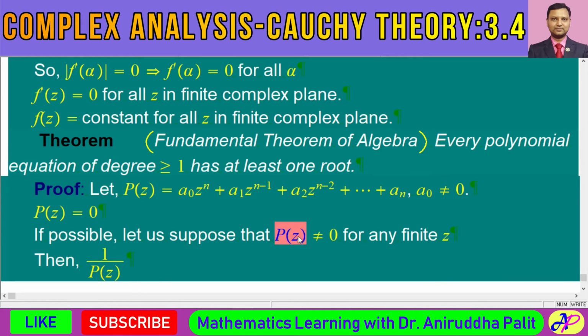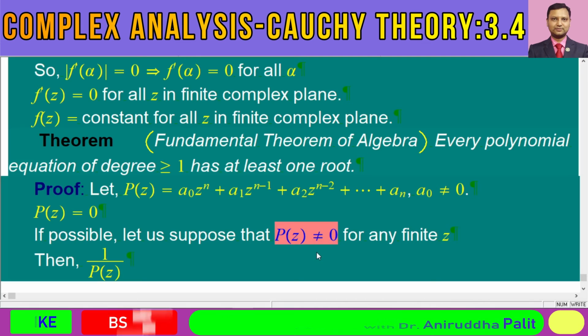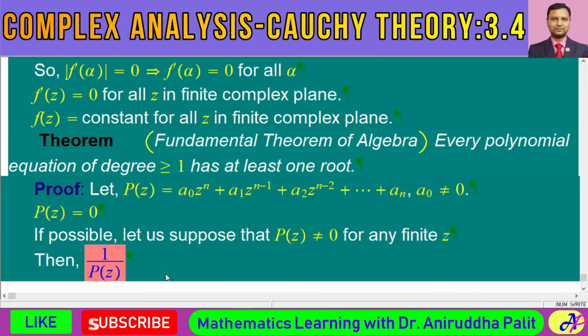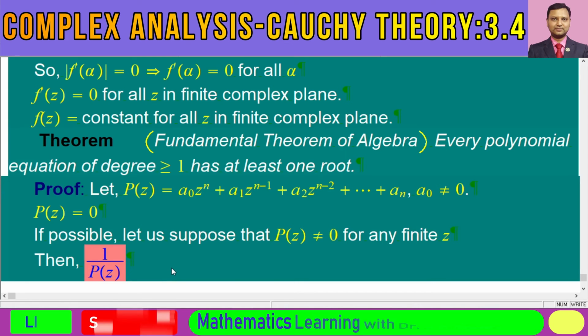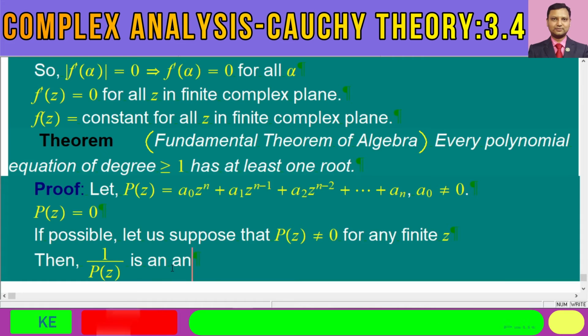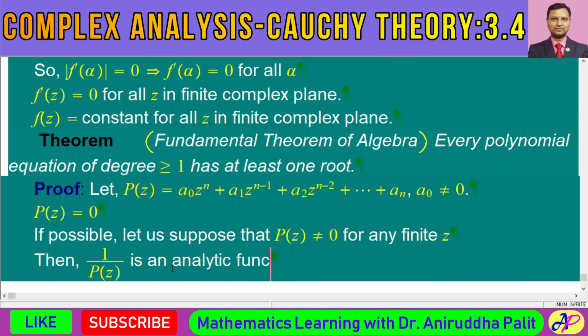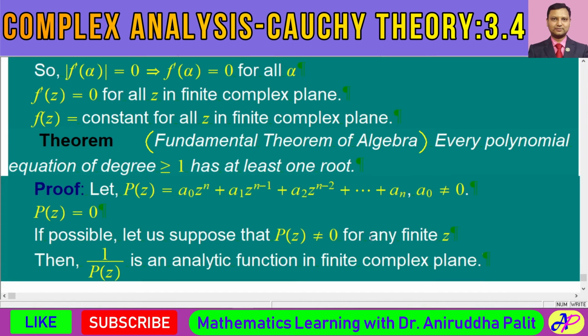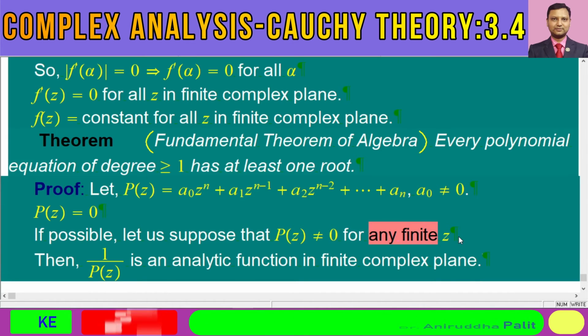And over here, this is our assumption that p of z is not equal to 0. If it is so, then its inverse 1 by p of z must be an analytic function, because we assume that this is true for all finite z.